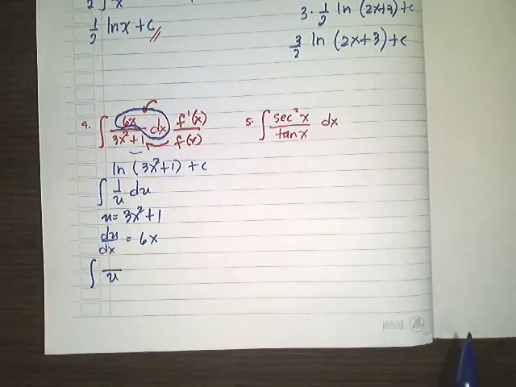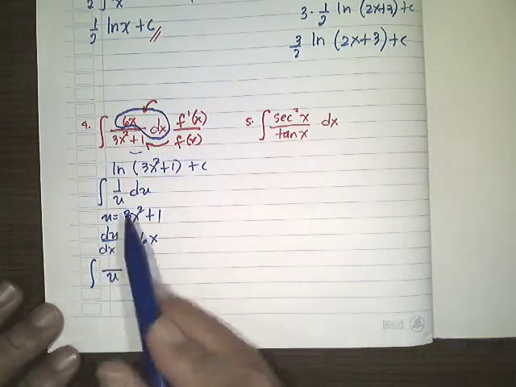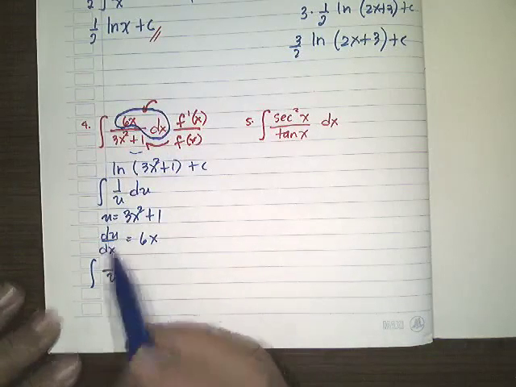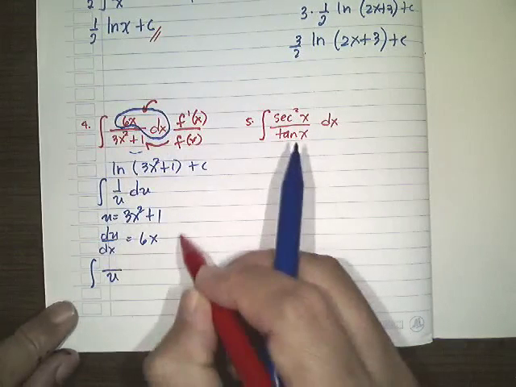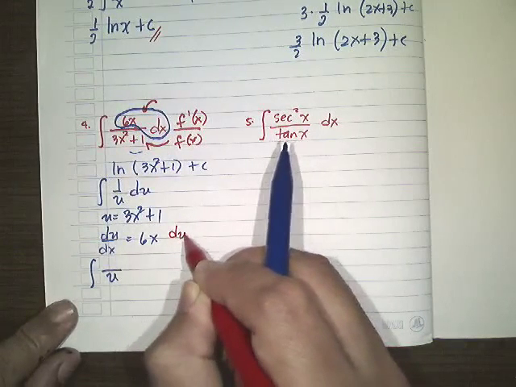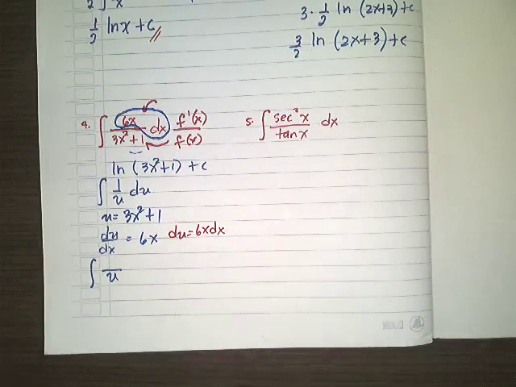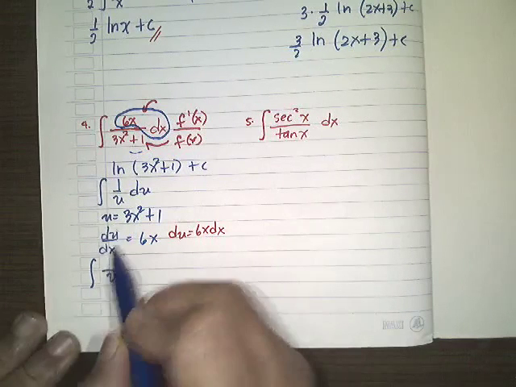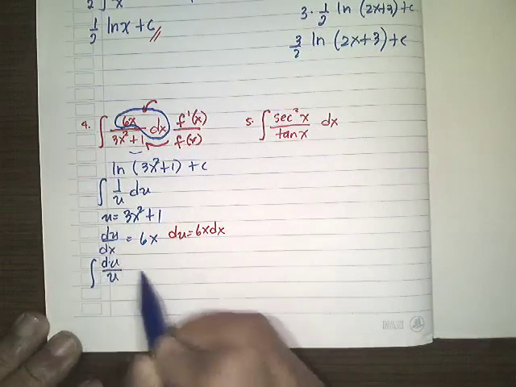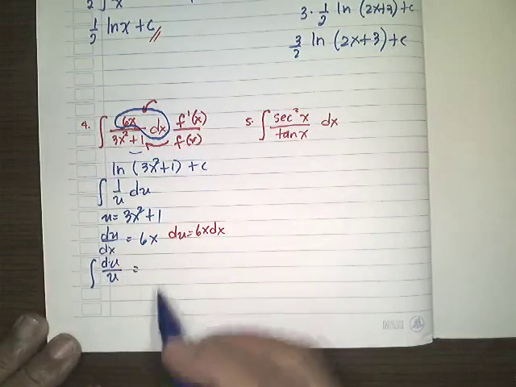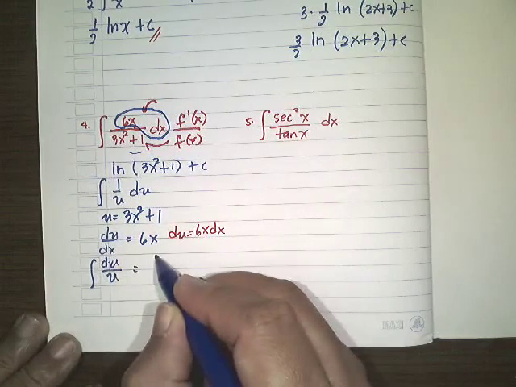From here we can see that du is equal to 6x dx. So this is now equal to du. Let me write this properly.